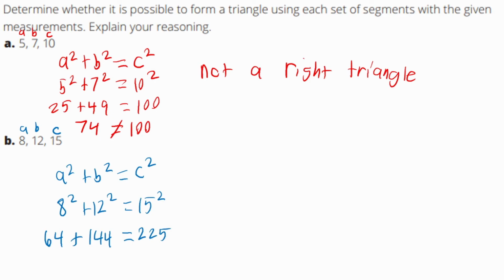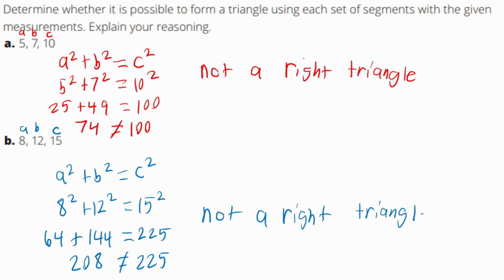Now we just have to add 64 plus 144. Do they equal? No. This is going to give me 208. And that does not equal 225. So not a right triangle. And there we go.